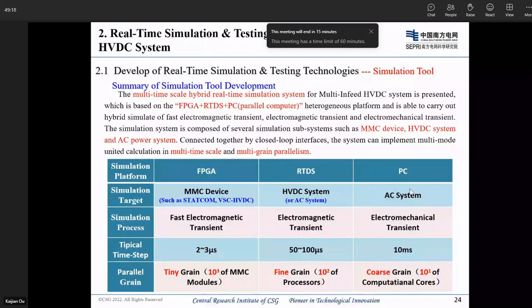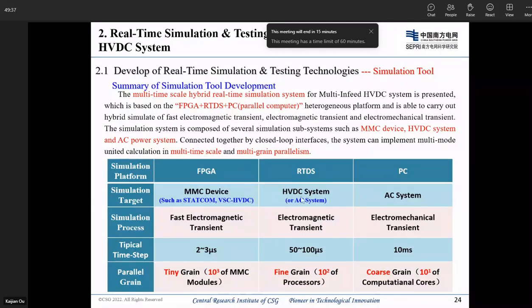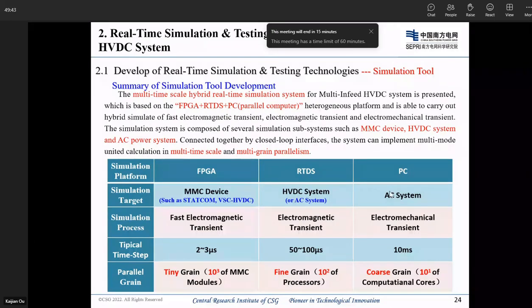The FPGA is to simulate the MMC devices, such as STATCOM, VSC HVDC. RTDS is used to simulate the HVDC system or AC system. For PC, it's used to simulate the AC system.